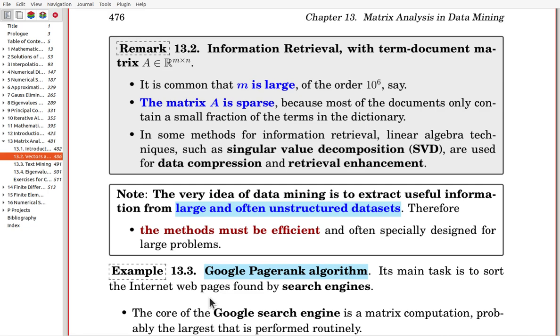So in fact, the Google search engine is doing the finding of the web pages and sorting. The two things are happening simultaneously. But anyway, the sorting requires some more critical mathematics.